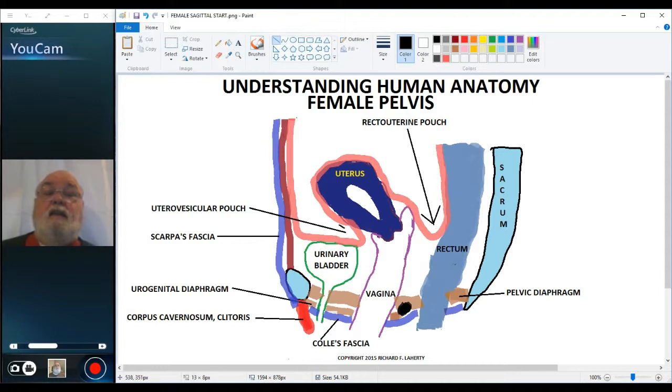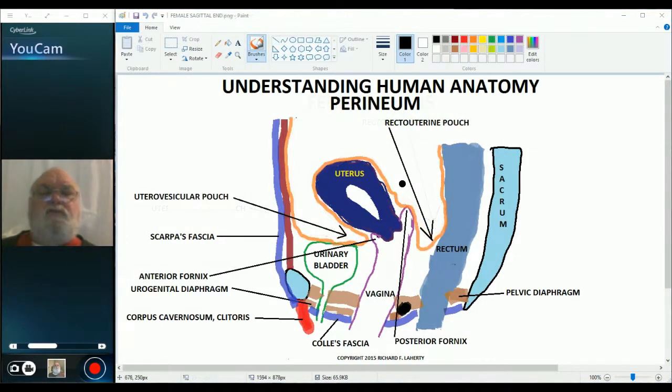And again, in this drawing, note that the uterus is anteverted over the urinary bladder. Notice that the posterior fornix of the vagina is in close relation to the rectouterine pouch.